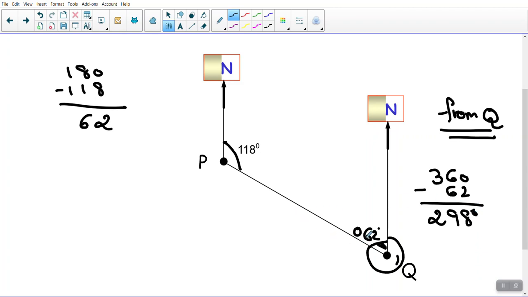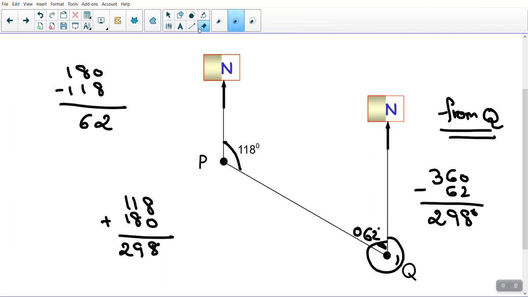Or another way of solving it is a direct method, which is 118 plus 180, which would give us 298 as well. So you could use either method. You can find the co-interior angle and then use the property that angles at a point are 360.